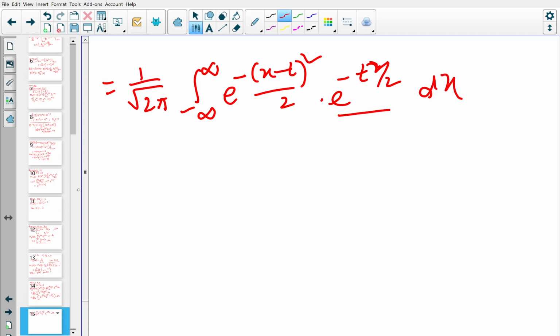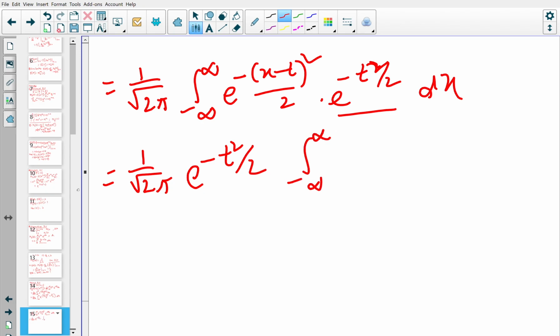The part independent of x you can take outside. And this is the famous integral that we already discussed several times in class, and there are many ways to calculate it. One of them is using the gamma function, which we have done in class.